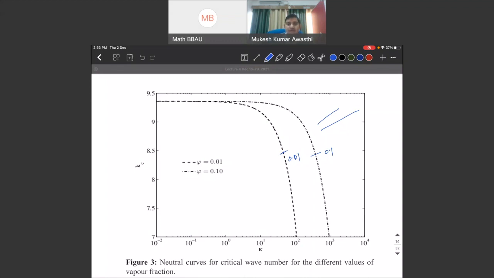Because if vapor fraction increases, more evaporation will be at the interface, but less condensation, because the water layer is fixed, and therefore more evaporation, that one-sided evaporation, will increase the amplitude of perturbations, and in that case the vapor fraction has destabilizing effect.